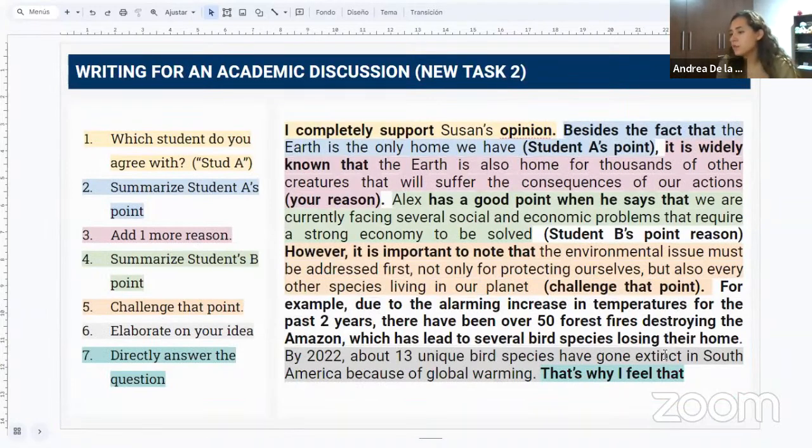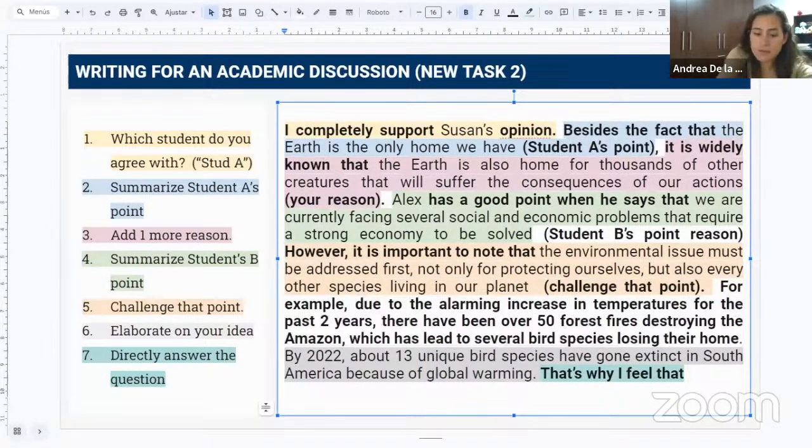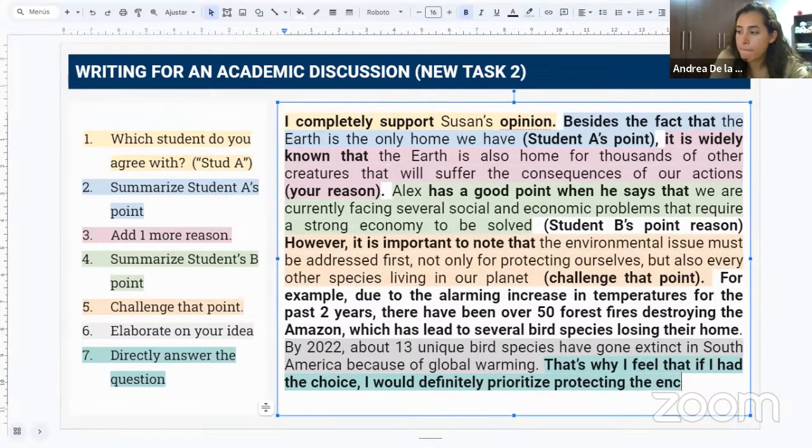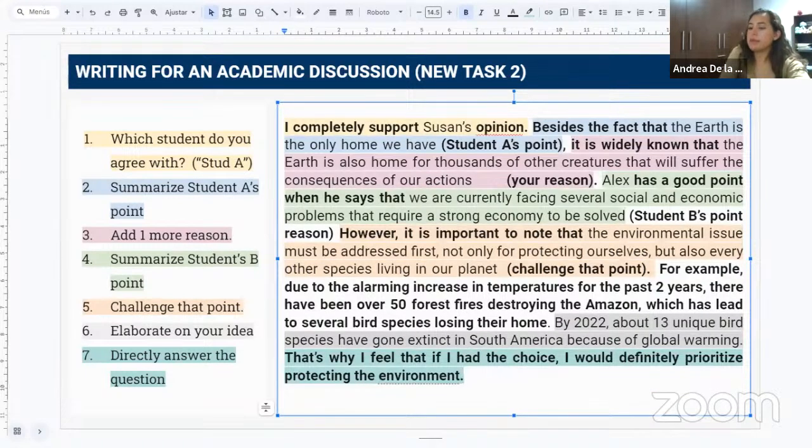So I would say that's why I feel that if I had the choice, I would definitely prioritize the environment, right? Protecting the environment. And that's it, environment.